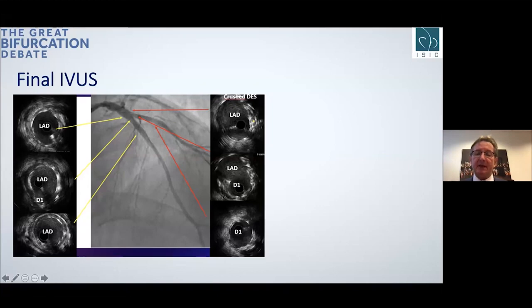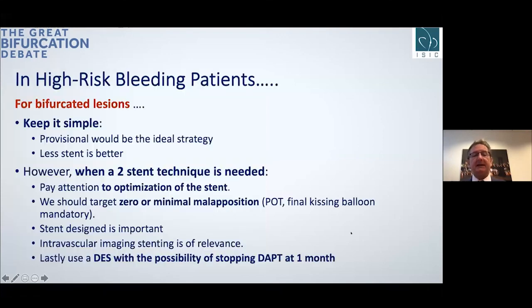After the Onyx stent, which was used here because we have a very clear option to go for just 1 month of DAPT therapy, in IVUS you see there is really perfect apposition, no malapposition, everything is perfect. And you could be quite sure this patient will be treated very well.